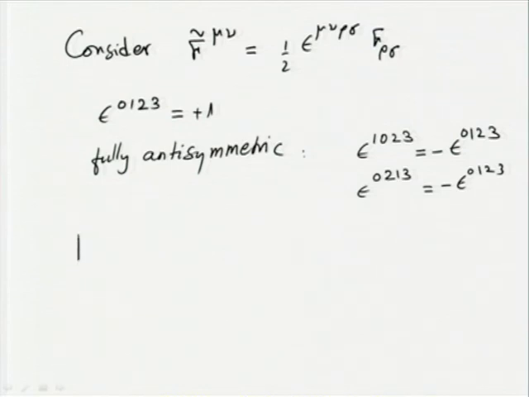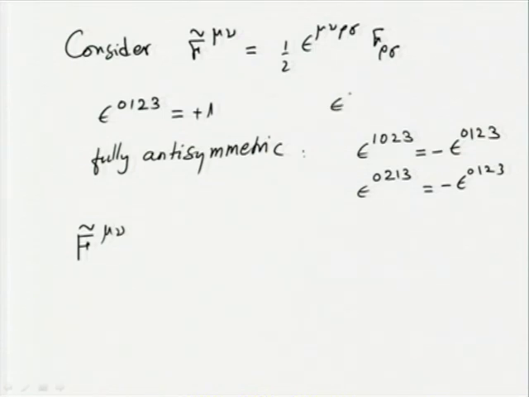Let us look at F tilde mu nu. Clearly, if mu is equal to nu, because of the antisymmetric property of epsilon mu nu rho sigma, if any two indices are the same, that will give you a 0.